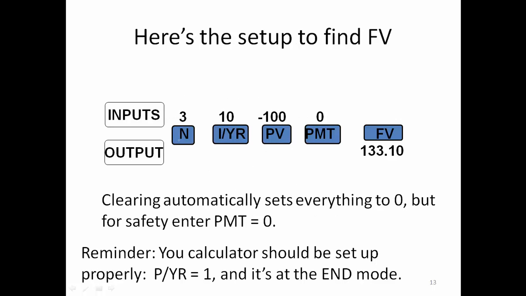So if you input 3 as n, 10 as interest rate, which means 10%, and negative $100 as present value, and 0 as payment because there's no other payment involved, only $100 now, then you compute for the future value and you will get 133.1. Again, check out the other video and see if you can follow and get the future value result.